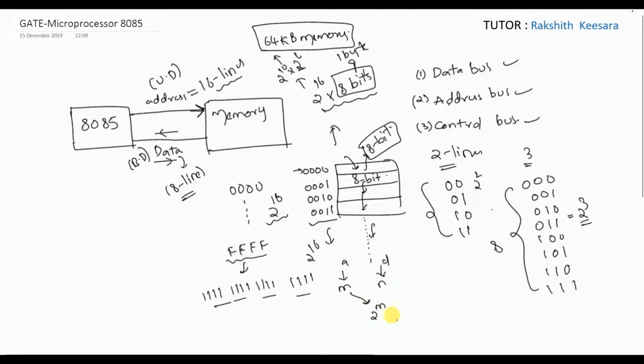In each address, n bits of data is stored. So 2 power m into n bits is the total memory. If we ask in bytes, divide by 8. So now we know how to calculate the total memory, guys.